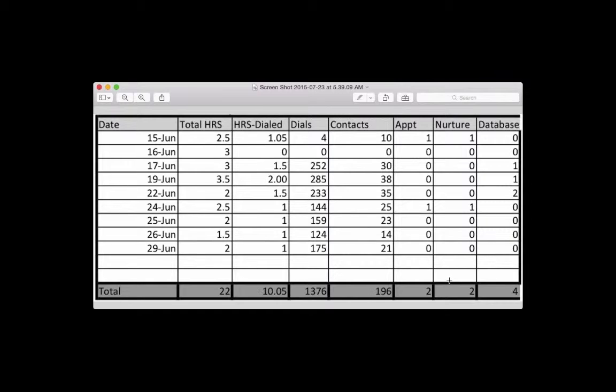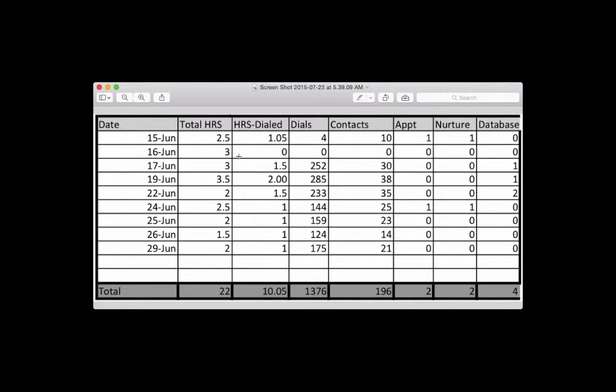So their objection handler for all that is, can I have the agent call you, or I'll have the agent go over that when they meet with you. So if you look at this contact to appointment ratio, you're going to be much better than he is. Okay?